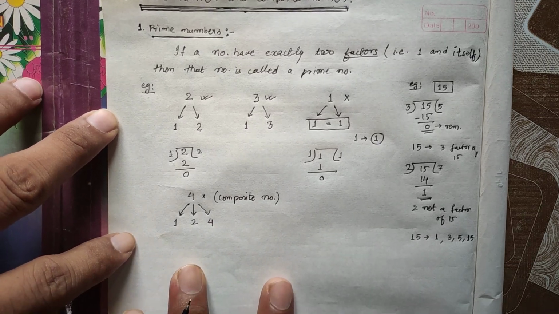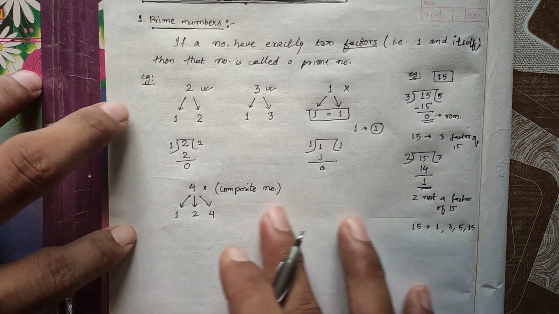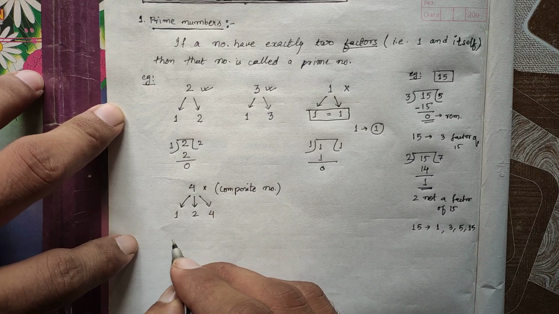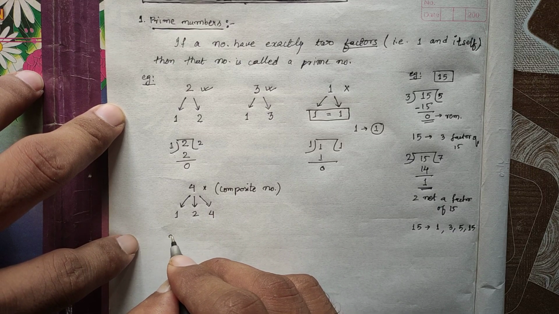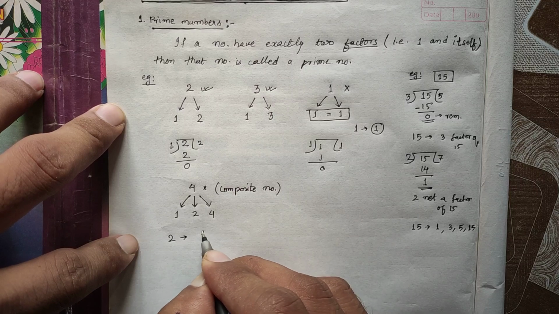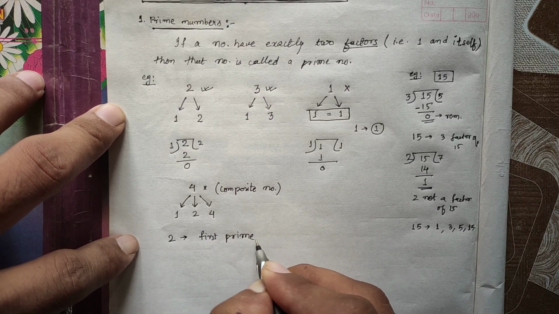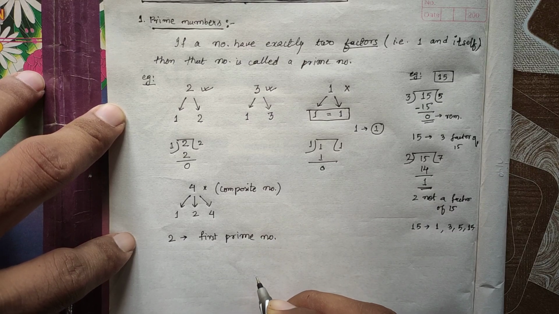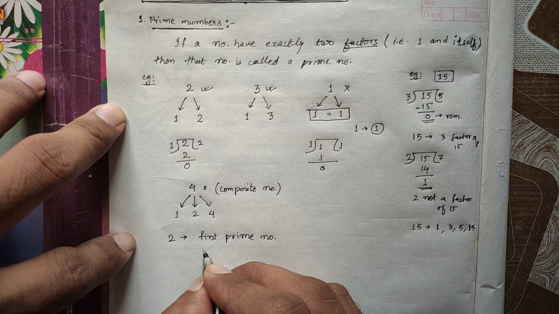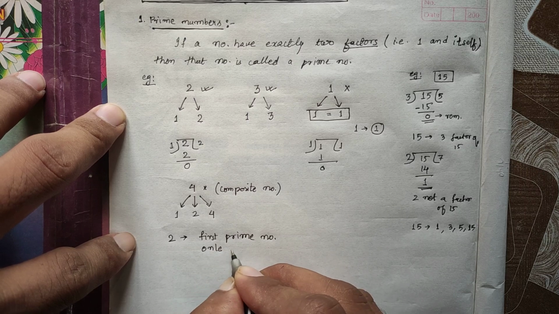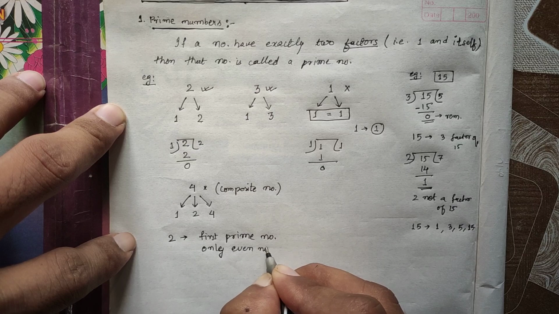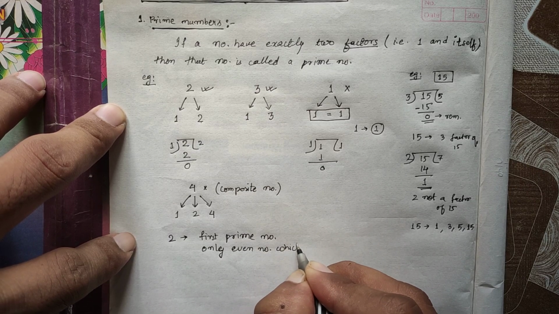Before moving on to composite numbers, you have to keep in mind that 2 is the first prime number, and it is the only even number which is prime.